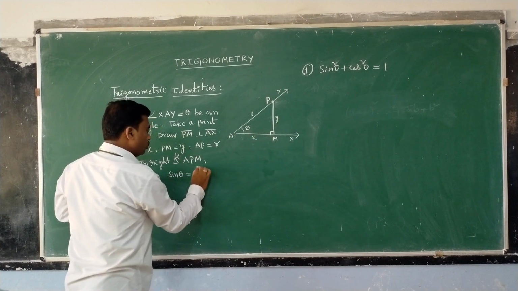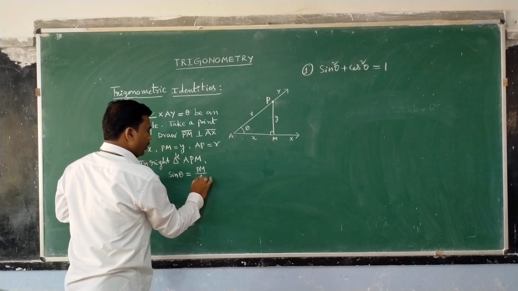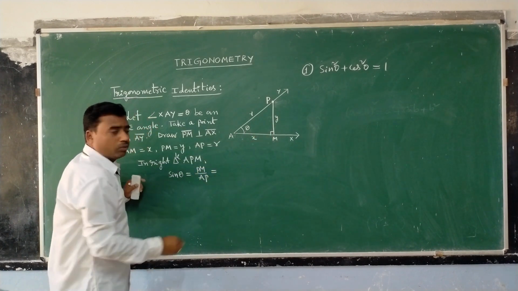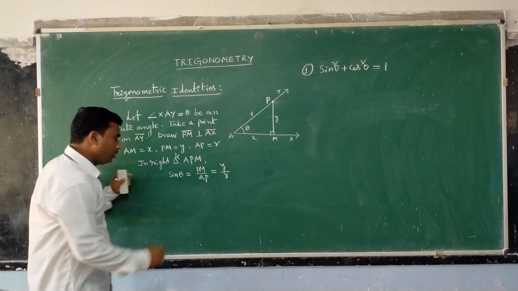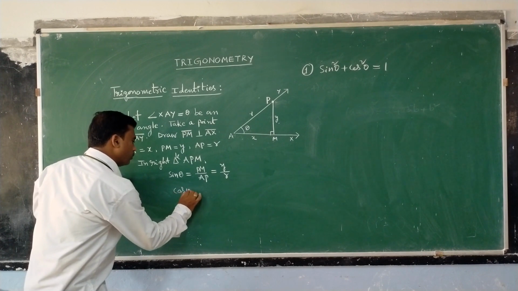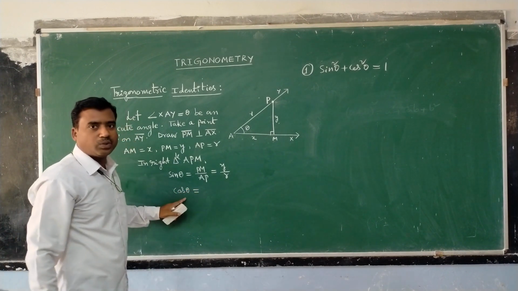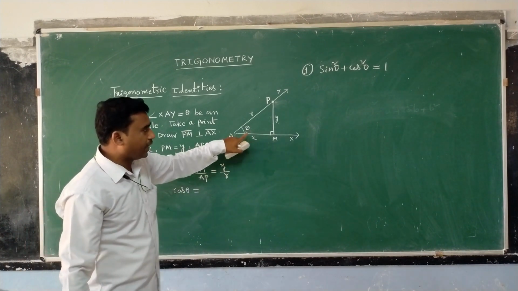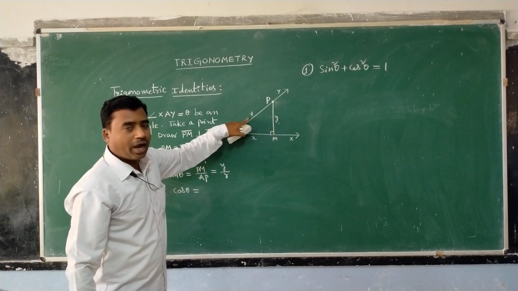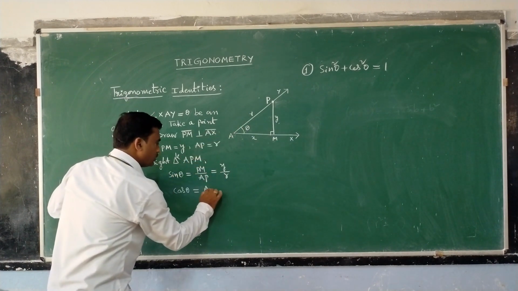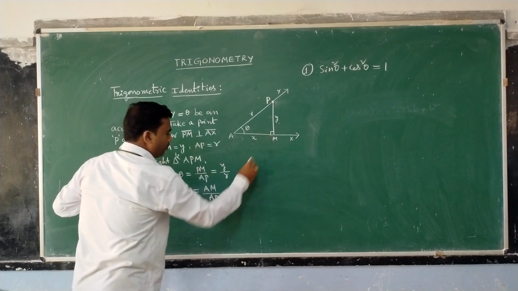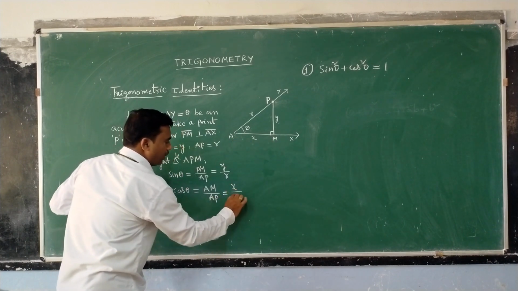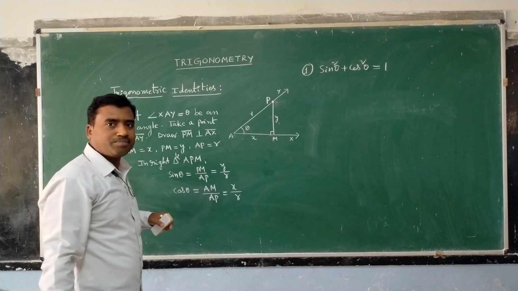So that is equal to PM by AP, that is equal to y by r. And cos theta is equal to the side adjacent to theta by hypotenuse. So that is AM by AP. But AM is equal to x and AP is equal to r.